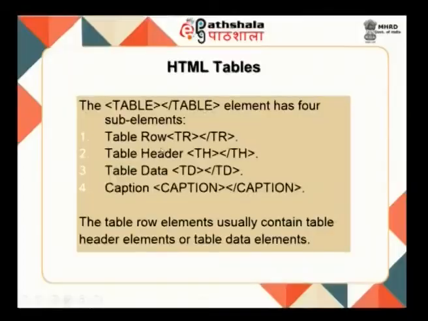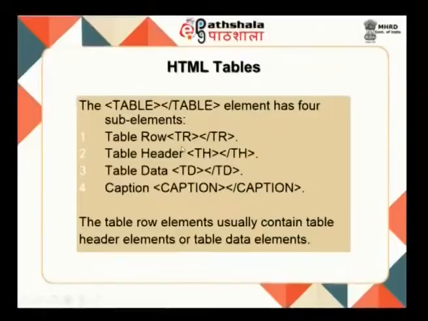And what are the table elements? When you want to create a table, it starts with a table tag and it ends with a table tag. So, we know about the opening tag and the closing tag of a table, and the sub elements of a table are table rows, and within a row we may have header rows or we may have data rows.